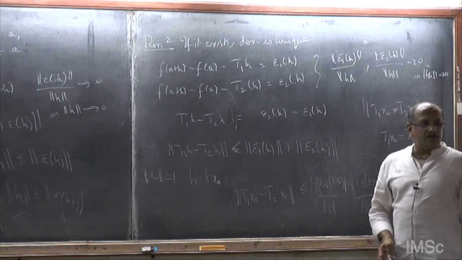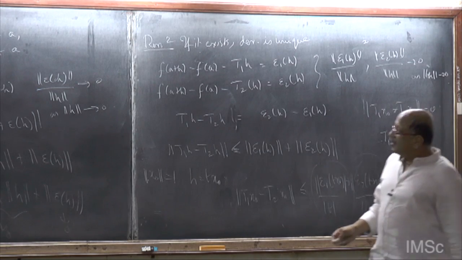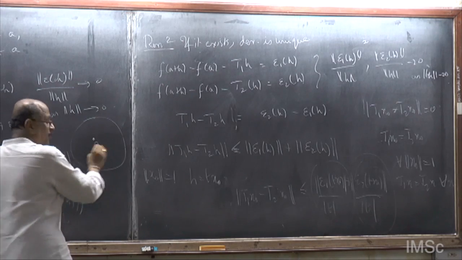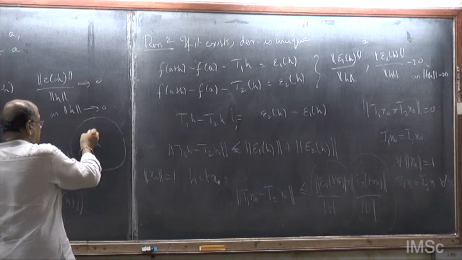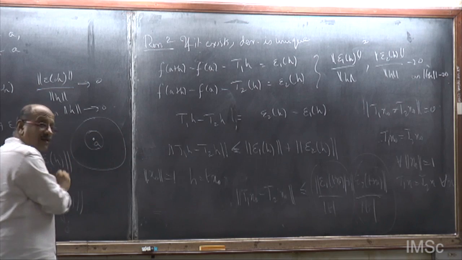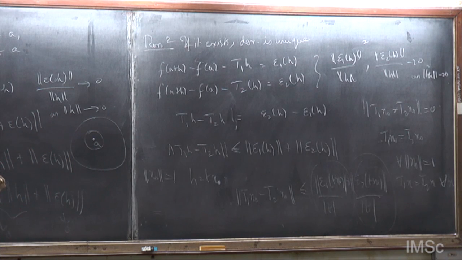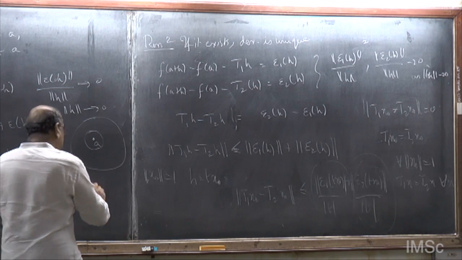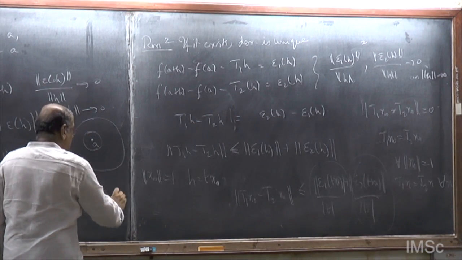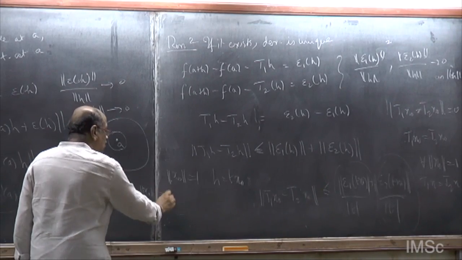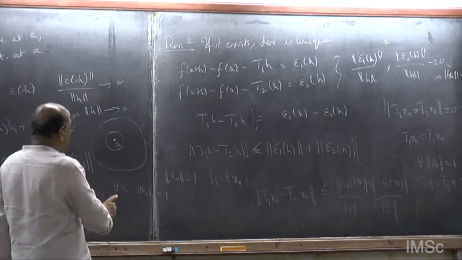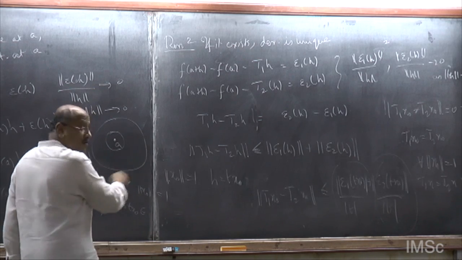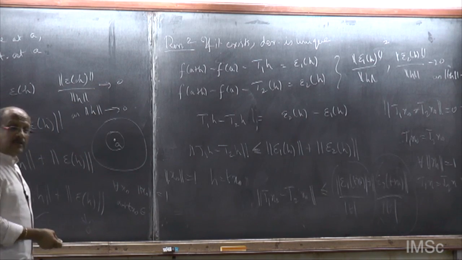So why is this an open set? Because if U is an open set and A is a point inside it, then I can have a ball around A which is contained inside U. So for every x naught such that norm of x naught equals 1, I have A plus t x naught belongs to this set for t sufficiently small.